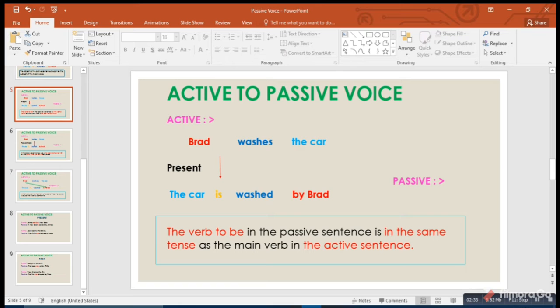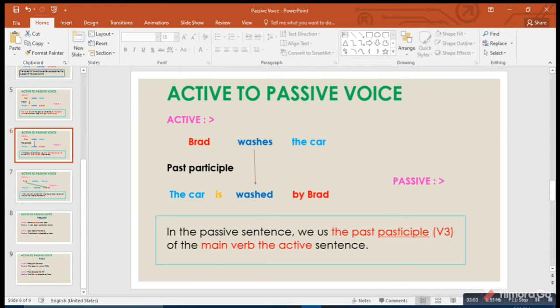The tense here is present tense, or simple present. We change it to its passive form: to be plus the third verb. The car is washed by bread.